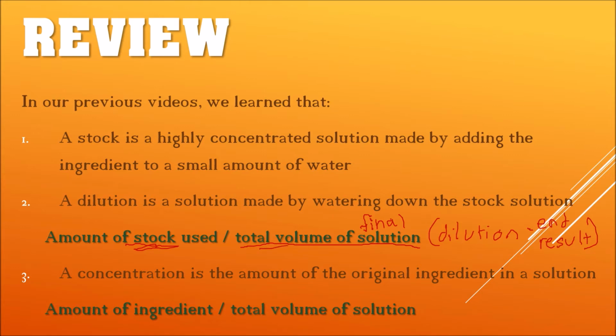So the total volume of solution. Down here for concentration, you also put that over the exact same thing, the total volume of solution, so the end result. And that's in volume, so it's going to be in liters or milliliters, something like that. It can be either one.